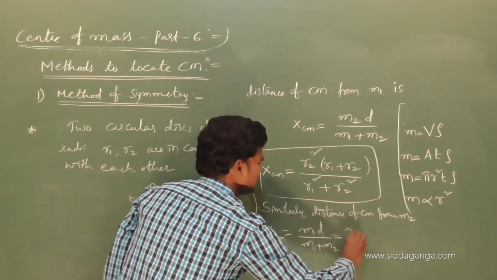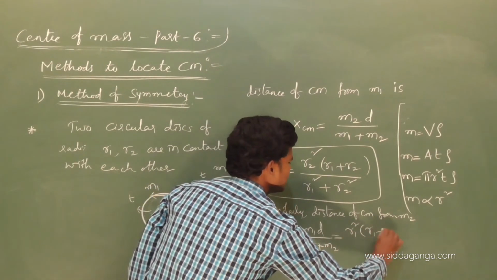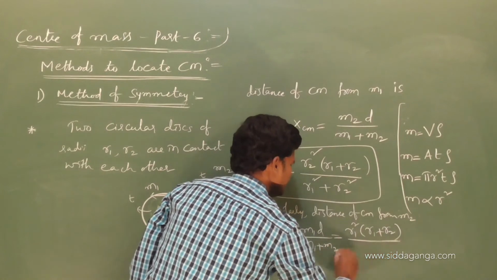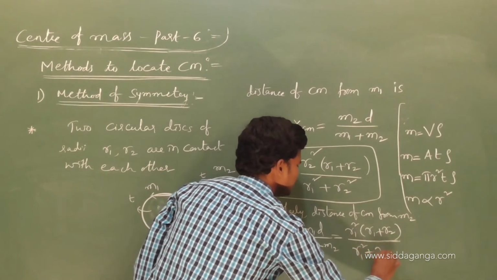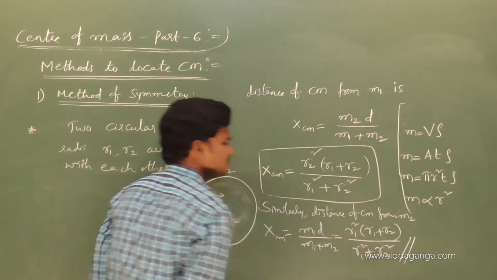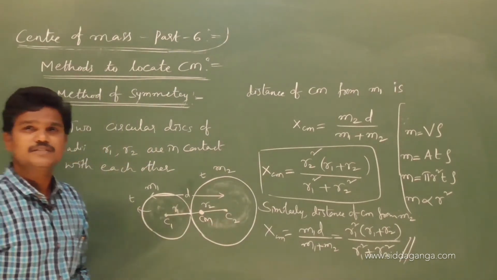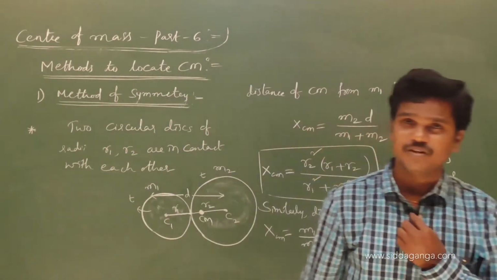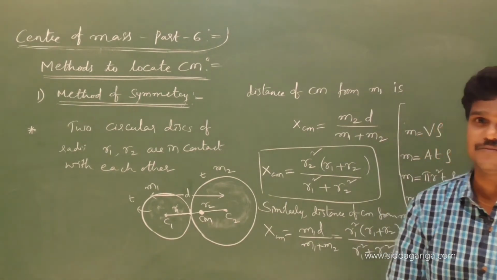M1 is nothing but R1 square, d is nothing but R1 plus R2, and M2 is nothing but R2 square. So I have written the distance of the center of mass from the M1 disc and from the M2 disc.